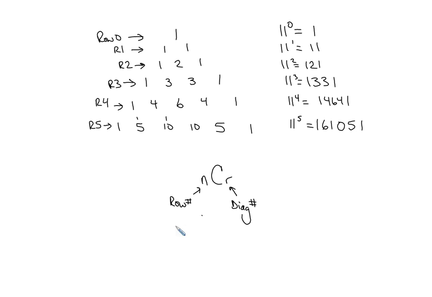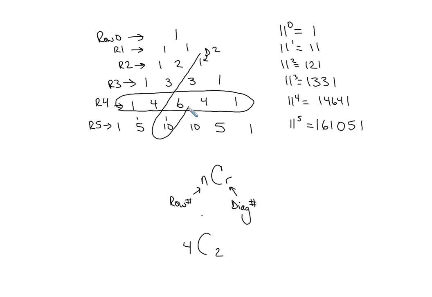So if we want to do something like 4C3, actually let's do 4C2. So what I would do is I would go to row 4, and I would go to diagonal 2, which is going down here, right, because it's diagonal 0, diagonal 1, diagonal 2. Diagonal 2 is here.